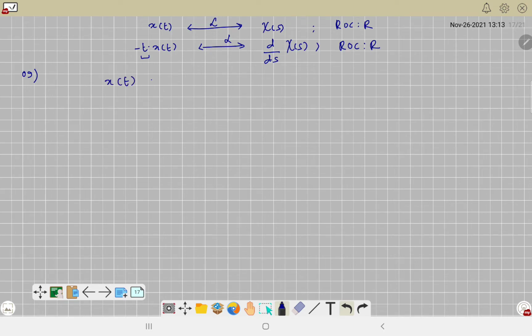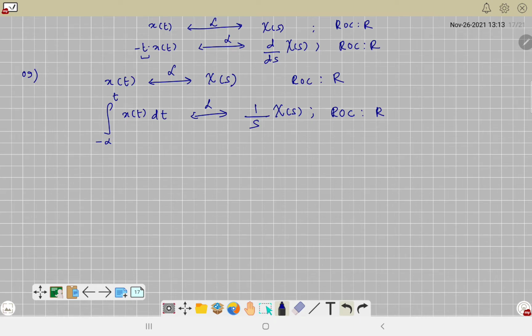So if we have x of t Laplace transform x of s ROC R, फिर अगर आप इसका इंटीग्रल लेंगे, integral will correspond to division by the factor s. वैसे क्योंकि डिवाइड हो रहा है तो रीजन ऑफ कन्वर्जेंस में कुछ कमी आ जाएगी, एंड इट इज़ एक्चुअली इंटरसेक्शन ऑफ दिस R एंड द रियल पार्ट ऑफ द पैरामीटर s. फाइन, या आप कह सकते हैं R इंटरसेक्शन द सिग्मा greater than 0.